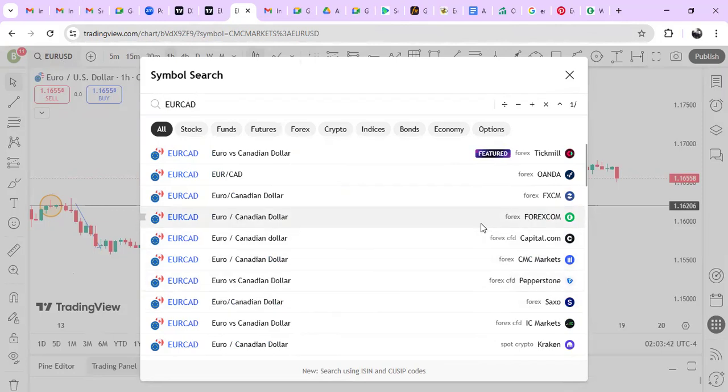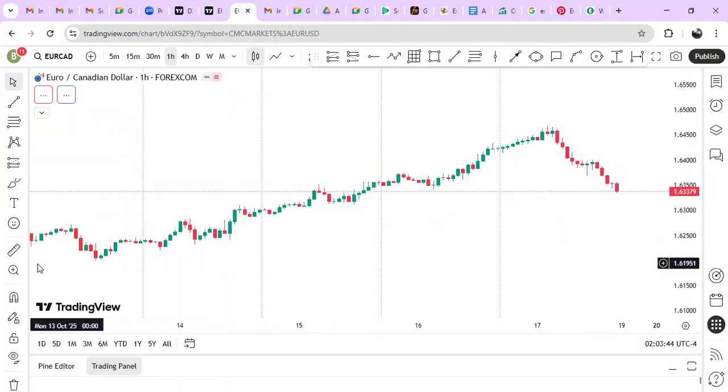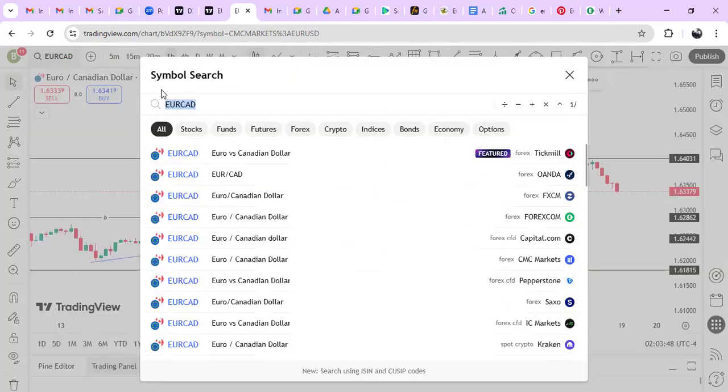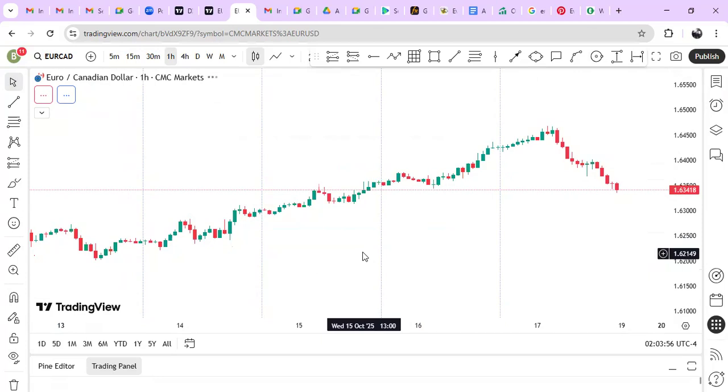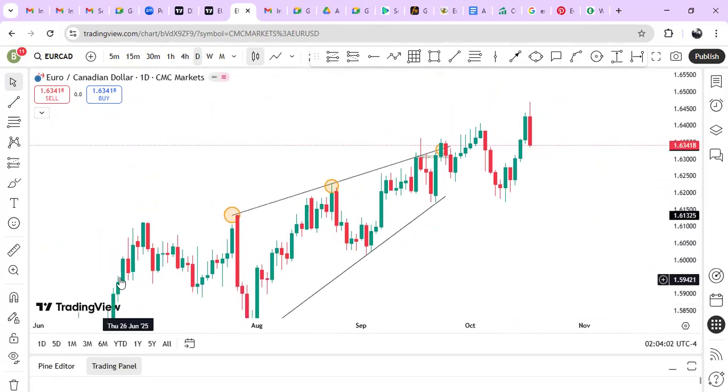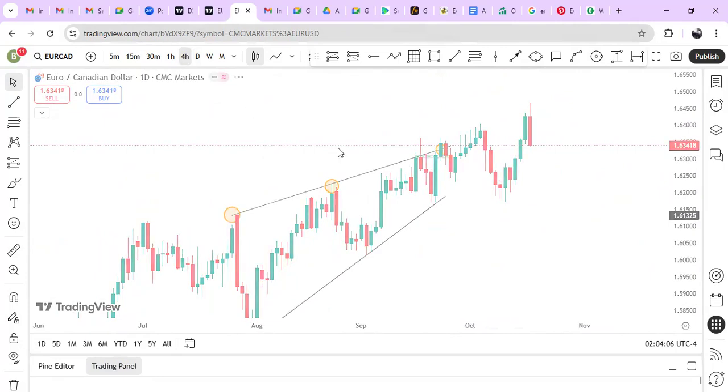It's been a while since I checked this pair. Let's work with the daily. I traded these ones some months back. Let's trade this.